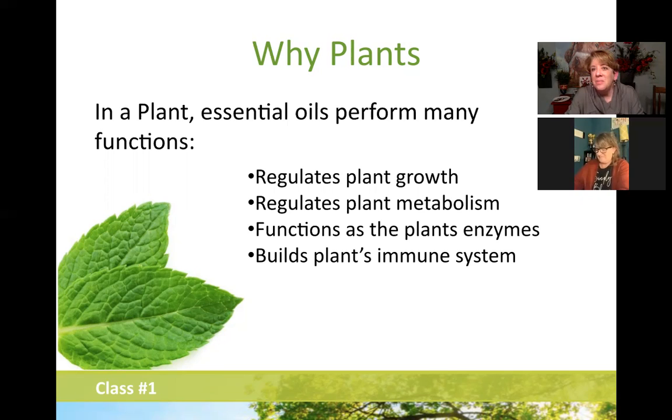They help build the plant's immune system. One of the fascinating things that I have learned about plants since I've started using essential oils is that for most plants, let's say a leaf gets torn in the woods. Let's say a rabbit comes up and chews off a part of a leaf.